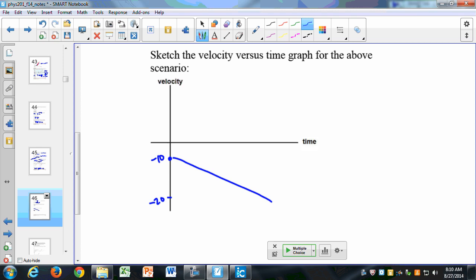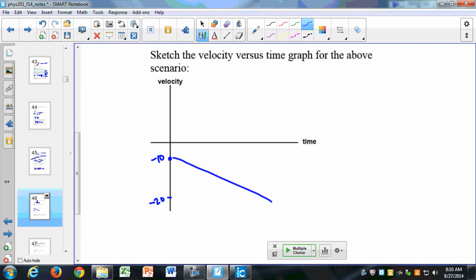Now, the slope of a velocity versus time graph is what? It gives the acceleration. If you ever forget what the slope of a particular graph is, you can just look at the units. So here I have the units of velocity, meters per second, and the units of time, seconds. And slope, of course, is rise over run, so it's meters per second over seconds, and that gives you meters per second squared.